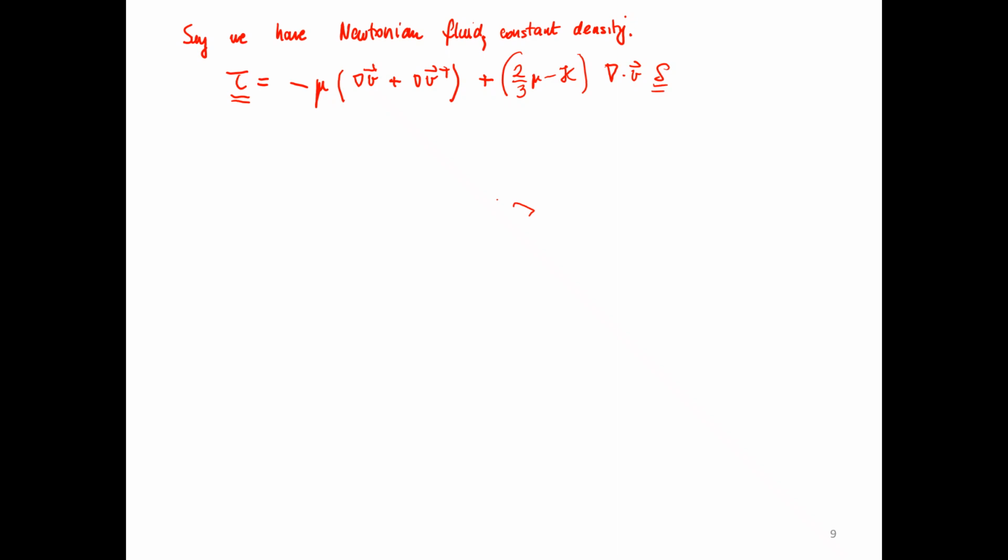I have a constant density fluid. What does my equation of continuity, aka mass balance, tell me about divergence of V? It should be 0. So that's a happy thing. Every time you have an incompressible fluid, constant density is incompressible. So basically this is gone, and that's great.